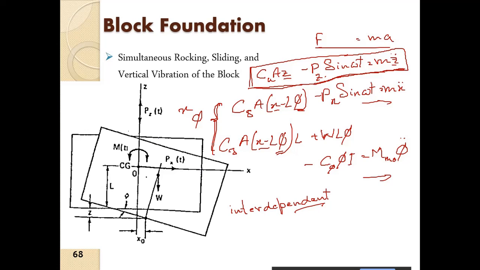So the basic thing is, we need to find out the maximum amplitude in terms of x, the maximum amplitude capital X A, and the maximum amplitude of the angular motion phi A. Apart from that, we have to find out the combined frequency of vibration. That part we will cover in the next class.